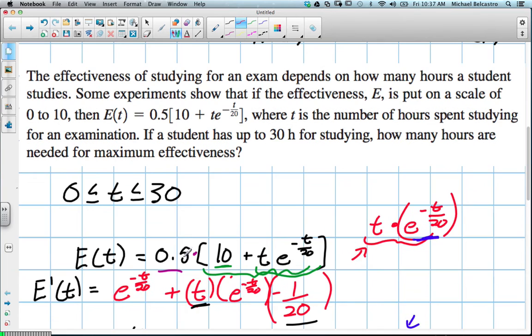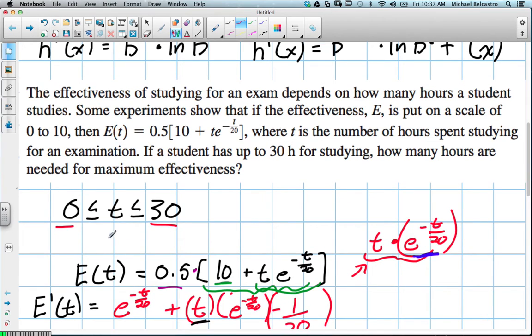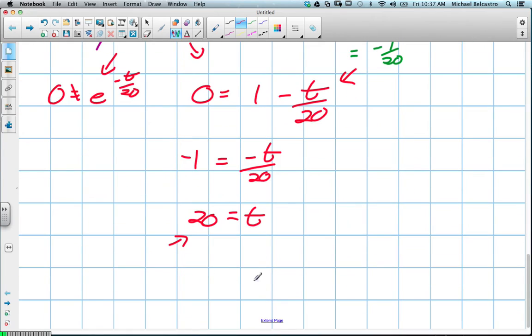So let's scroll back up here. We have to test at 0, 30, and we're also going to have to test at the value of 20 into the original equation. We'll plug them all into the original equation and find out which is the most effective on a scale of 0 to 10. So let's go down.